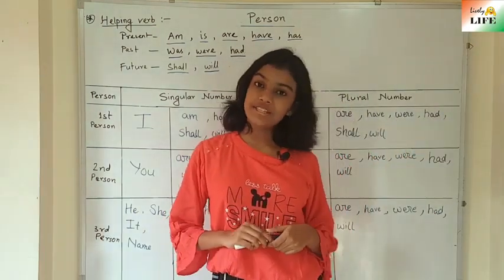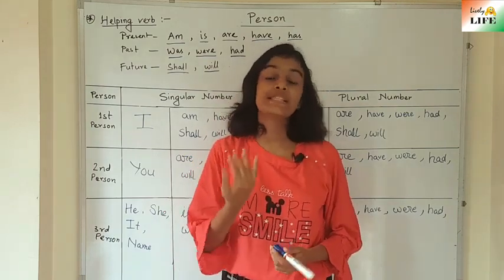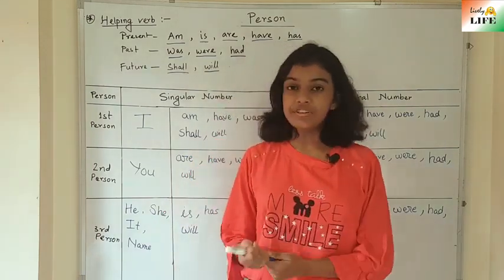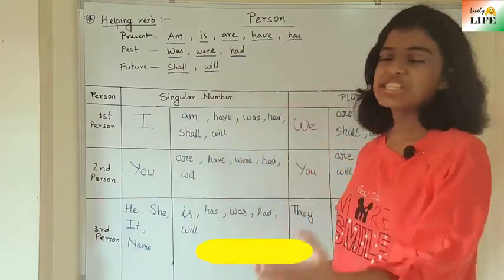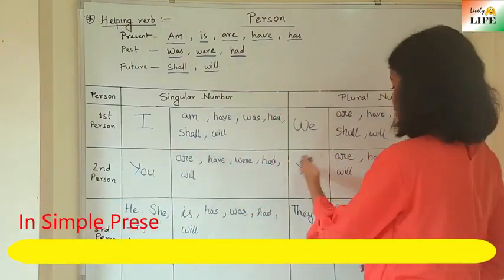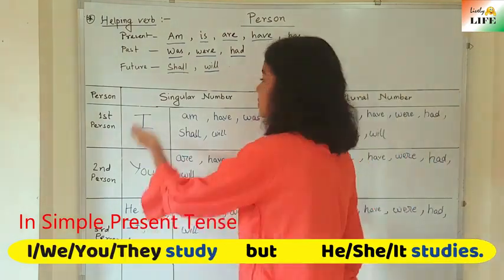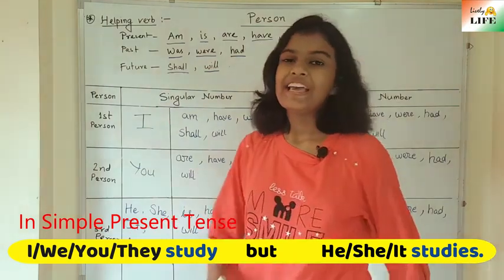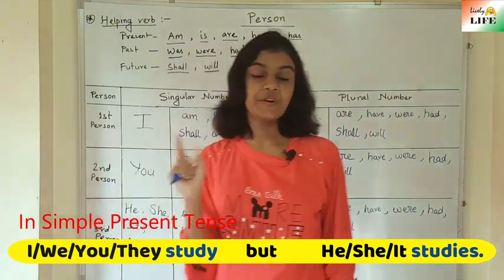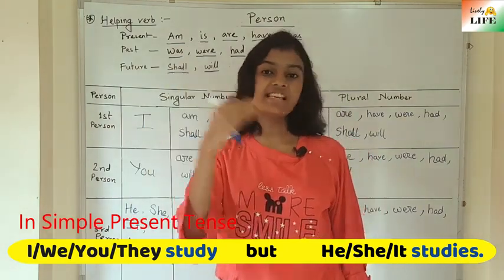Now another important point is that in present indefinite tense, or you can say simple present tense, over there what do we use? Suppose study. I study, you study, we study, you study. But remember that after third person singular number, if any main verb is there, then we are always going to add s or es after that.